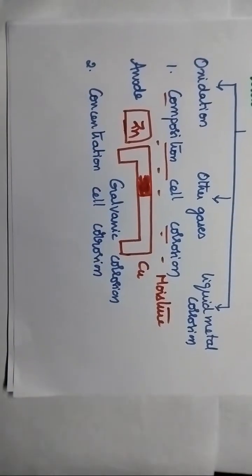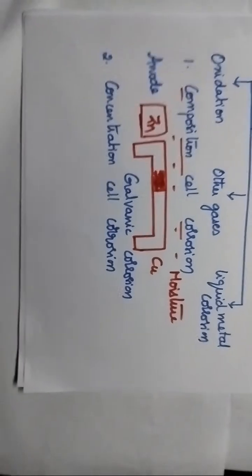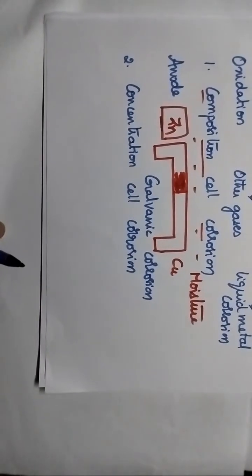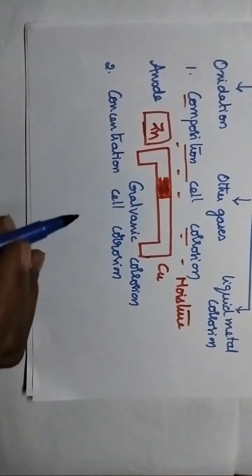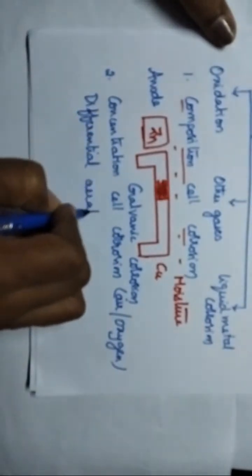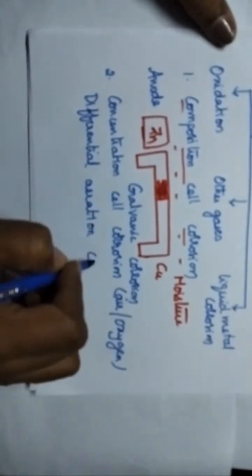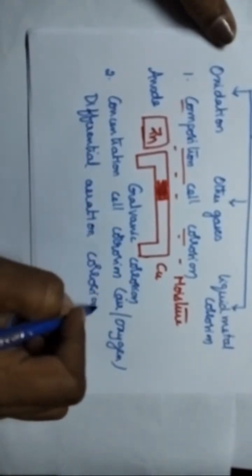Next, moving to the concentration cell corrosion. This type of corrosion takes place due to the difference in the concentration of air or oxygen. The best example is differential aeration corrosion.